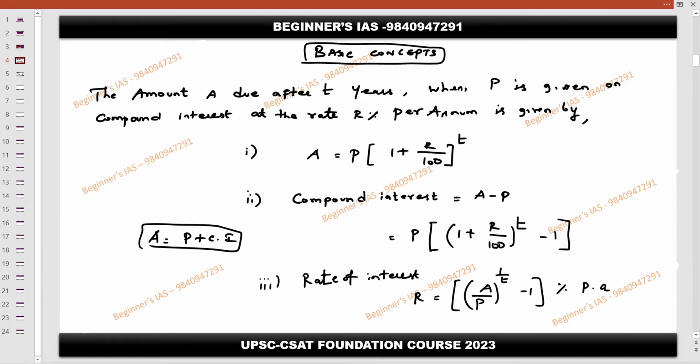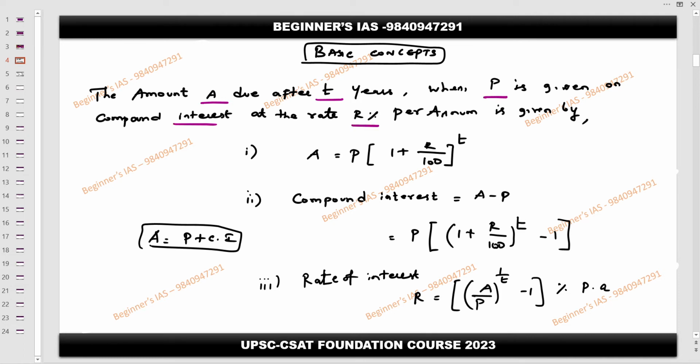The amount A is due after T years when the principal is given on compound interest at the rate R percent per annum. Then the amount is equal to principal into 1 plus R by 100 the whole power T. The amount is equal to principal plus compound interest.